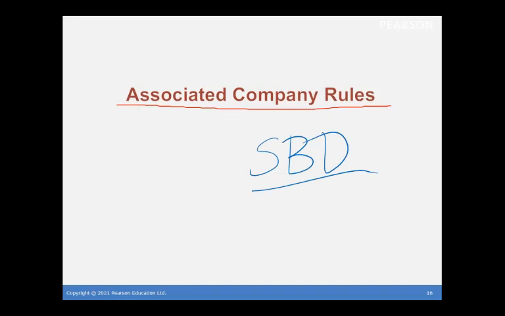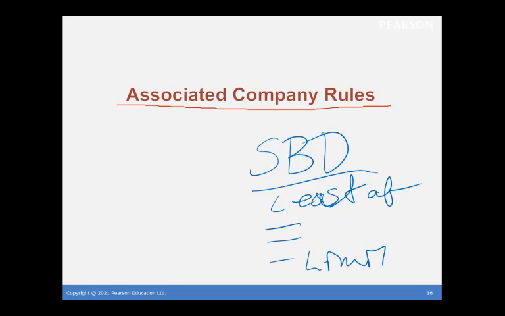So remember when we were doing the small business deduction, this is back in chapter 12, we did a list of 3 things. And one of those things was your limit. Now, normally the limit would be 500,000.